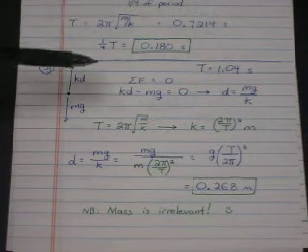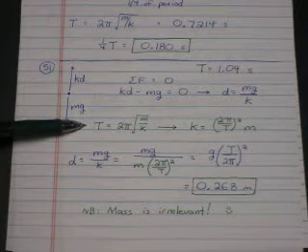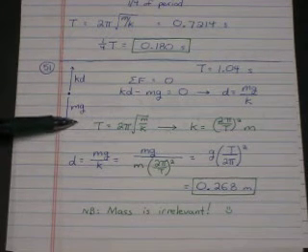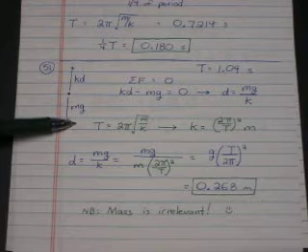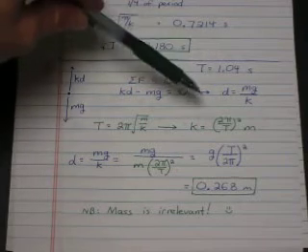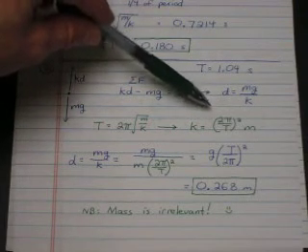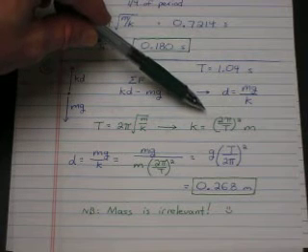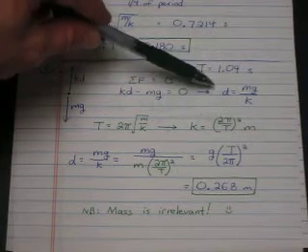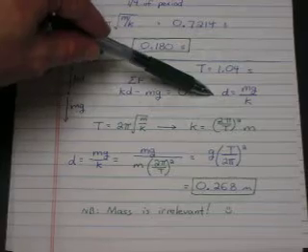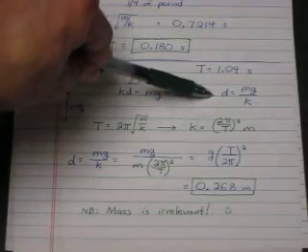Let's solve for k. If period is 2 pi times the square root of m over k, we solve for k and get k equals the square of 2 pi over T times m. Now let's plug that into the displacement formula that we got right here.